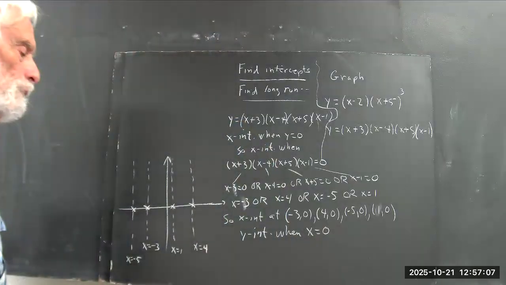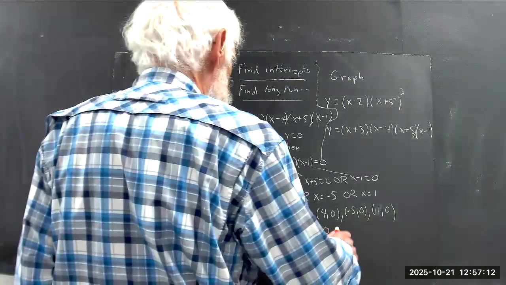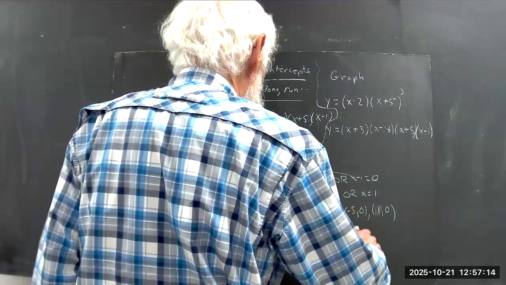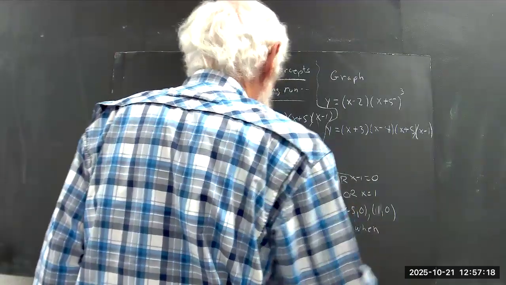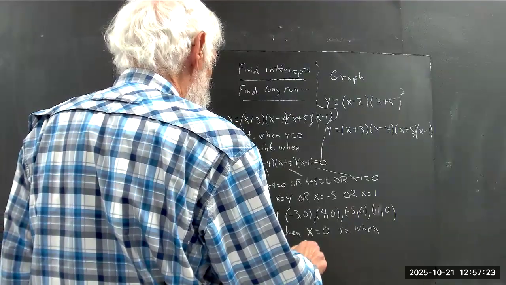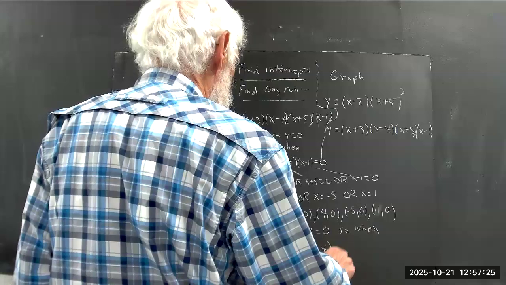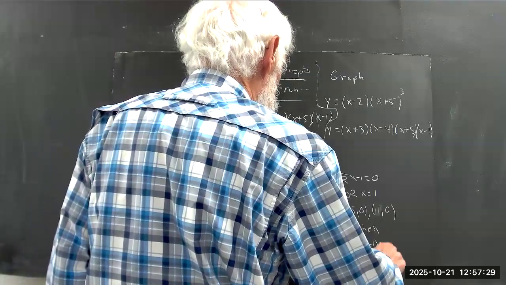You get y-intercepts when x equals 0. So that occurs when y equals 0 plus 3 times 0 minus 4 times 0 plus 5 times 0 minus 1.